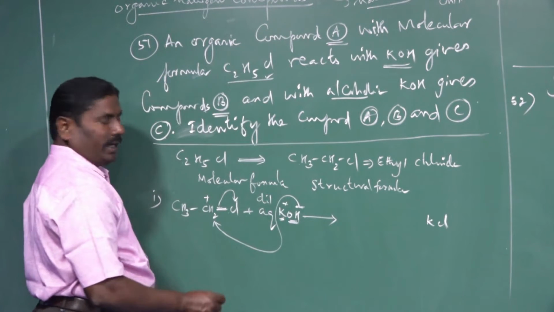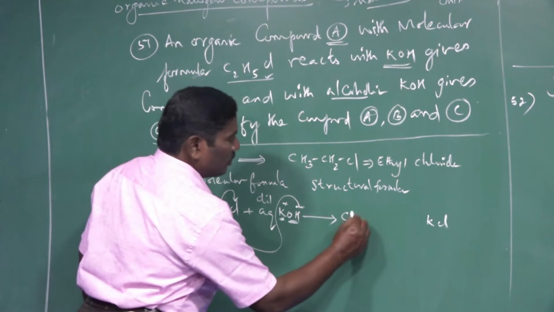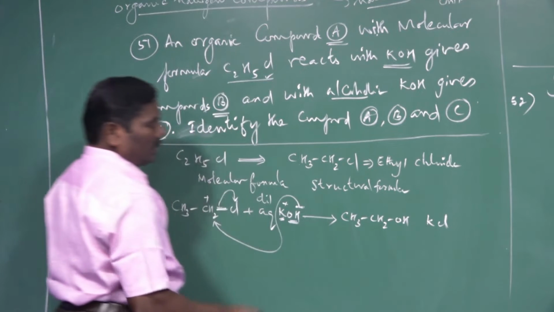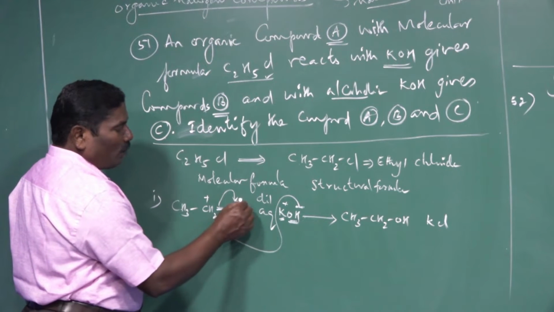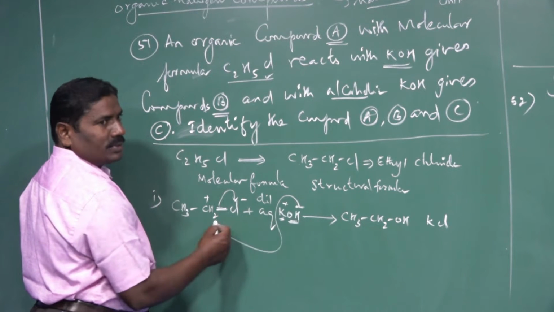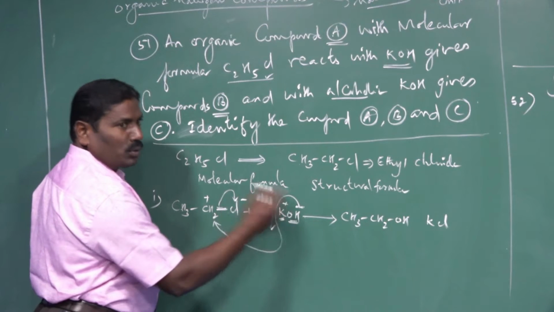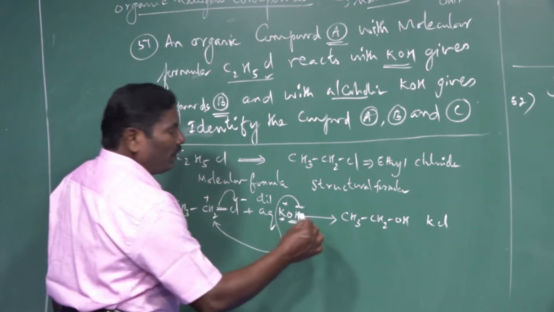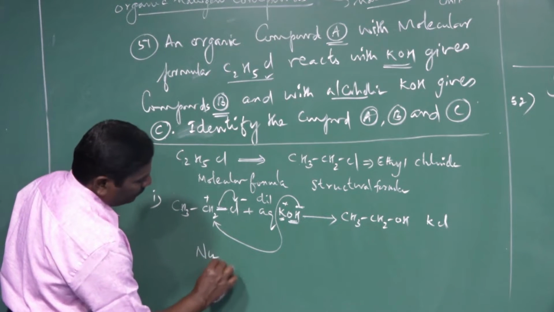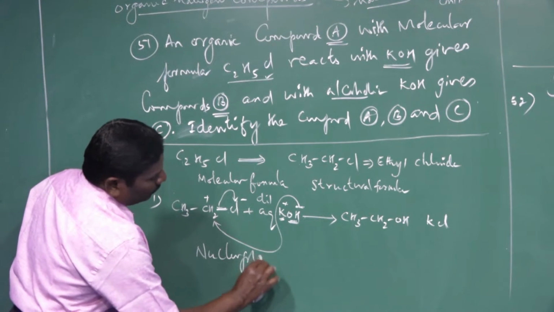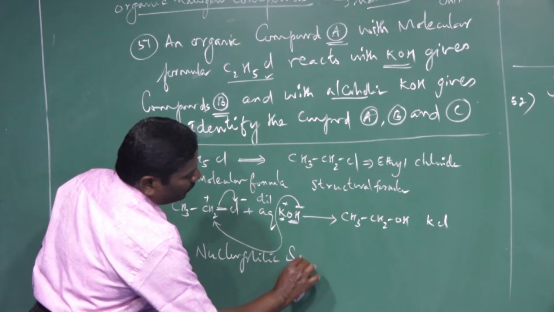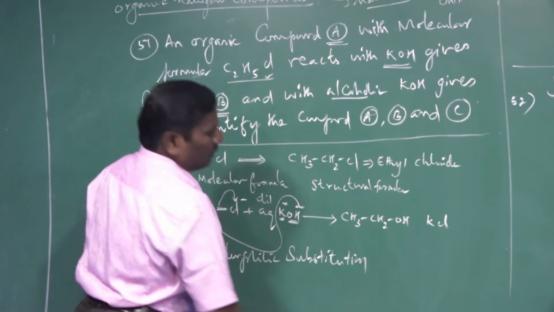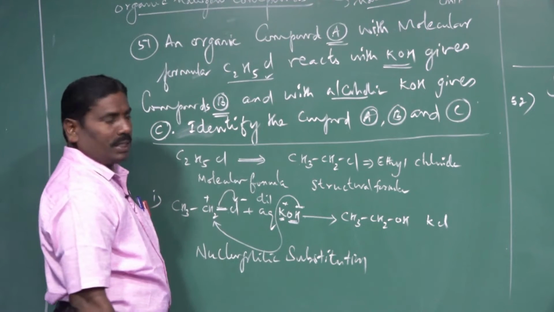Now what is remaining is CH3CH2OH. See here, instead of one minus, another minus is substituted. One negative charge is leaving, another negative charge is approaching. This is called a nucleophilic substitution reaction.